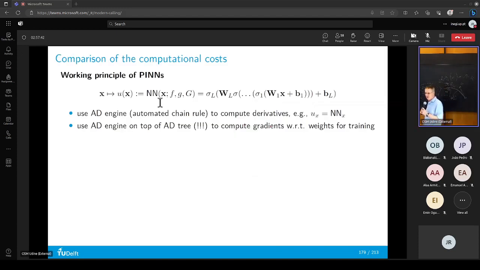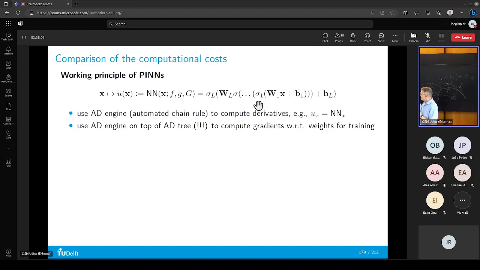Then let me say one thing about the costs. I recognize that I'm permanently talking about computational costs, of course, in PINNs. We looked yesterday at how compute intensive it is to evaluate and to train a PINN. Just to recap, what do we do?